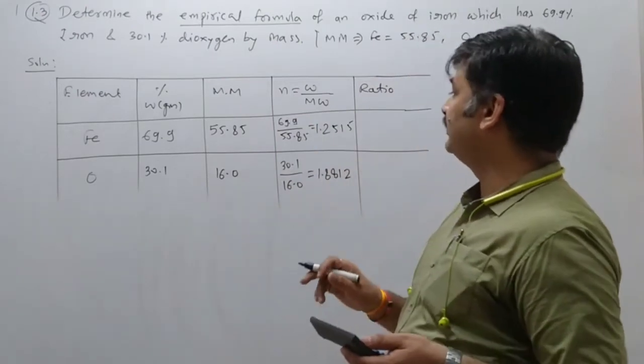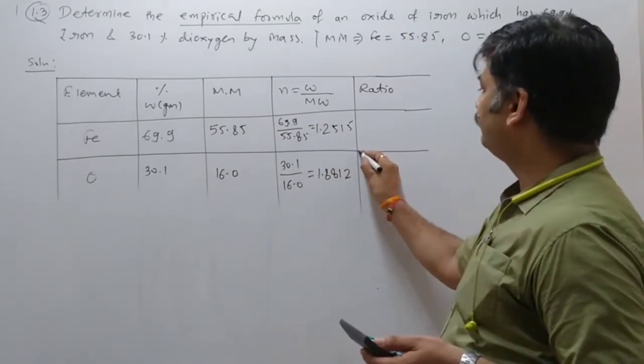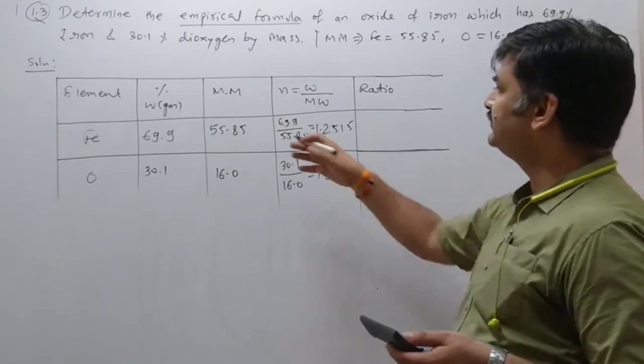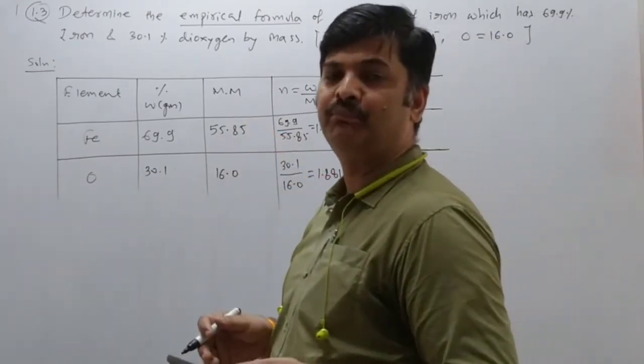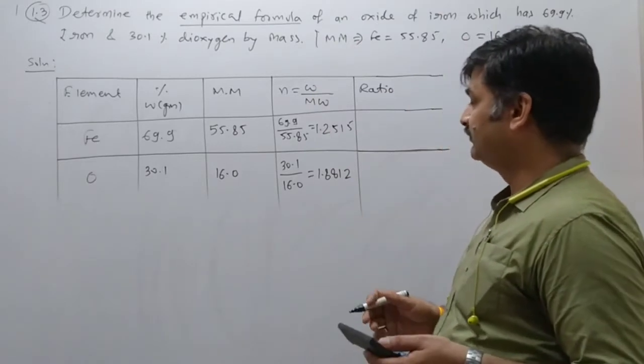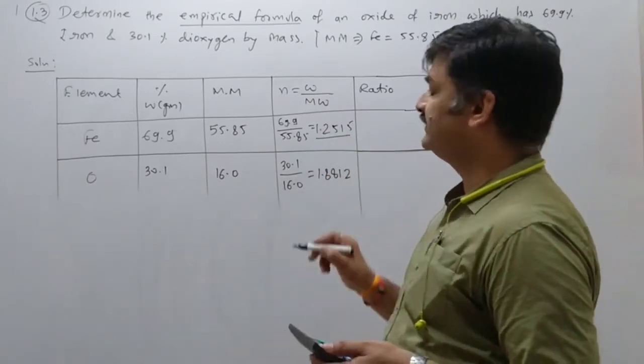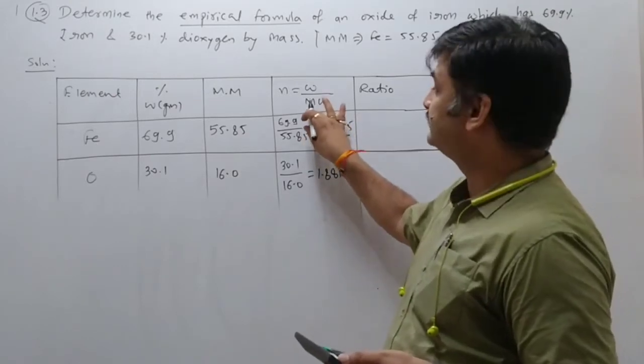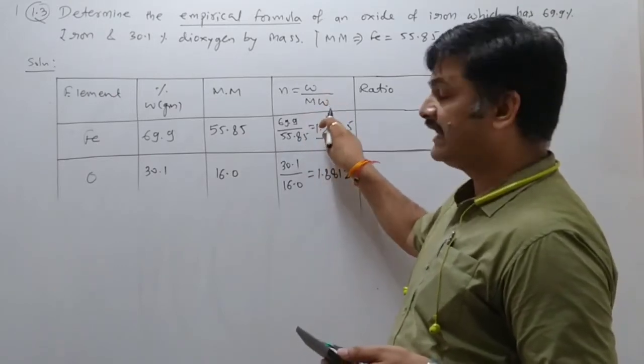Now after calculating this mole, find out which number is the smallest out of these two. Here 2 elements, so 2 numbers; if 3 come, then 3 numbers. So here the smallest number is this one. Whatever number is smallest from the calculation of this mole, divide with that number.